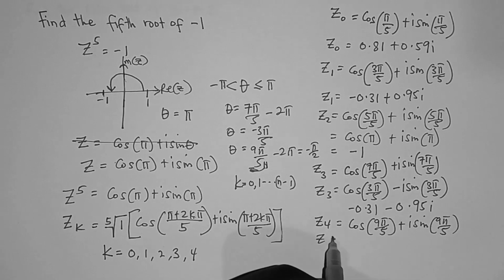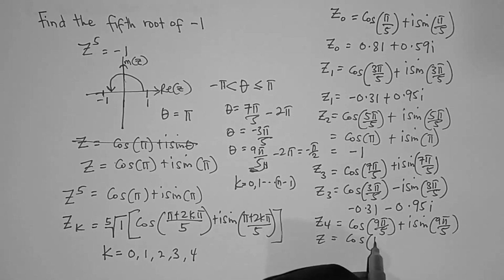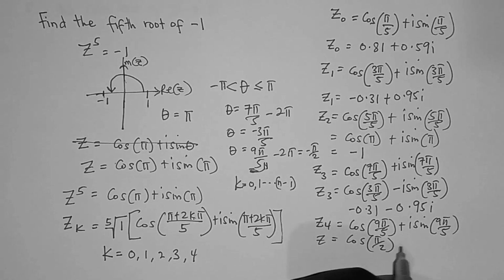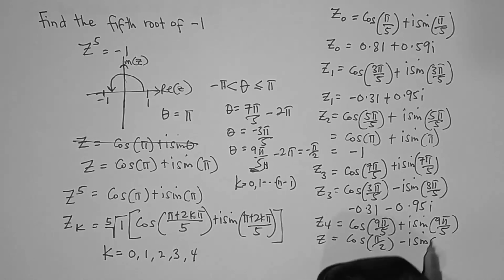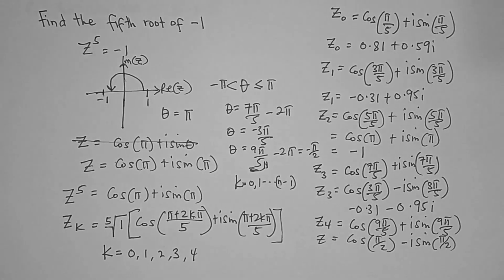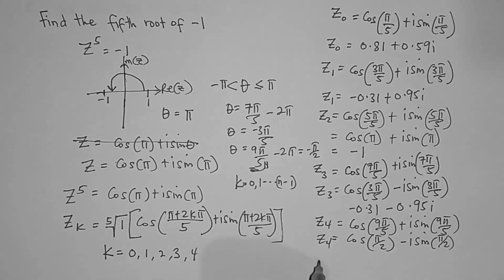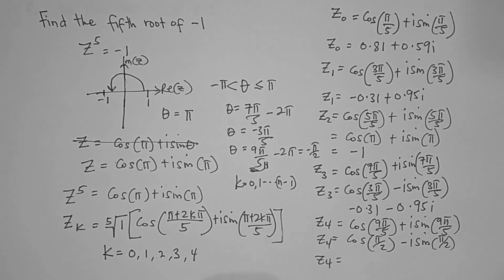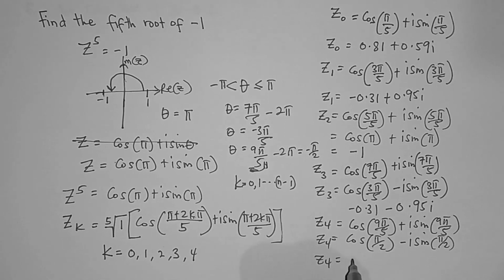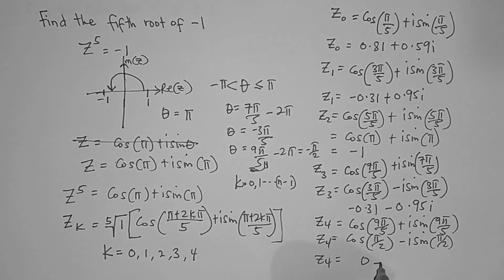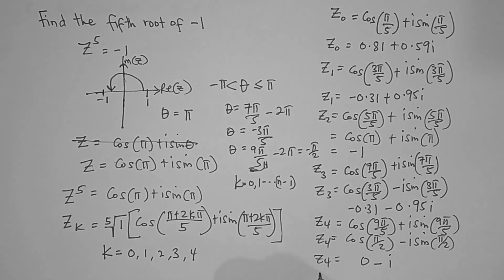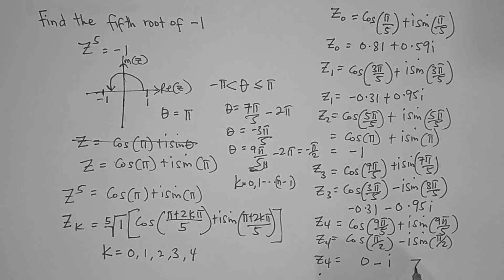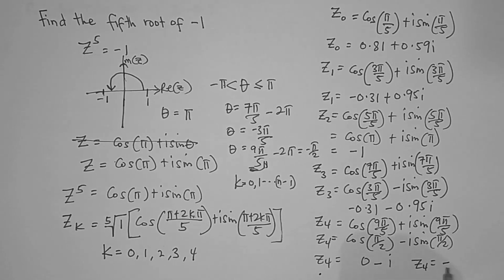So Z4 is equal to cos pi over 2, then minus I sine pi over 2. Z4 therefore is equal to cos pi over 2 is 0, then sine pi over 2 is 1. So this becomes 0 minus I. And therefore Z4 is equal to minus I.